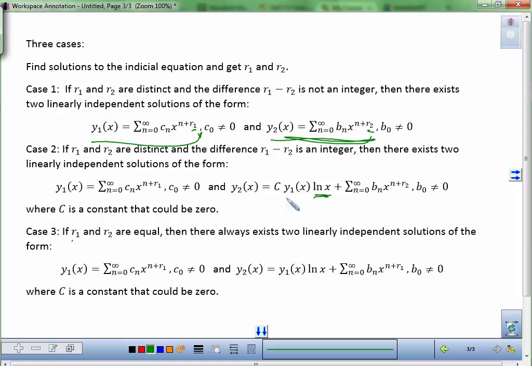Like this one could possibly go to 0. Might disappear, in which case you'll have a solution where you might not be able to find your second solution. But for the third case, the repeated roots, you're definitely going to have the ln of x.